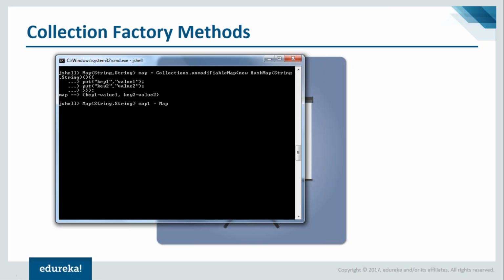I'm going to say Map.of, and here I'm going to give the key value pairs. What you need to understand is that every odd parameter would be considered a key, and every even parameter would be considered a value. Just remember that when you're passing this. So let's say I give key3, separated with comma, value3, key4, and value4.